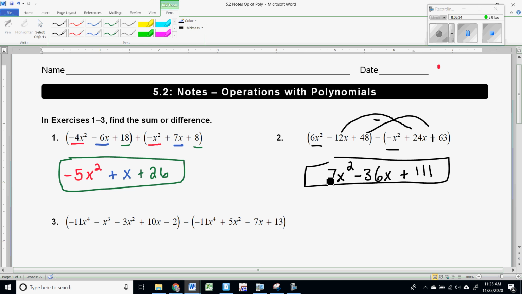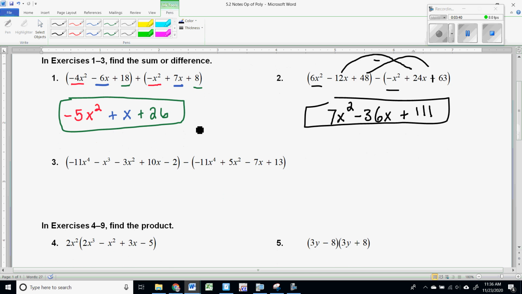Now, if we have a larger or higher degree polynomial, you can see this one is a 4th degree polynomial because our leading term goes to x to the 4th. All that's going to do is mean we have to be more careful with matching it up. We have a negative 11x to the 4th minus a negative 11x to the 4th. Minus and negative makes that plus. Those are opposites, so they're just going to cancel. I now have minus x cubed.